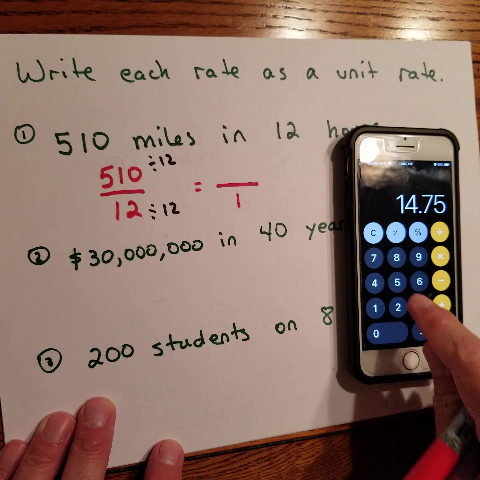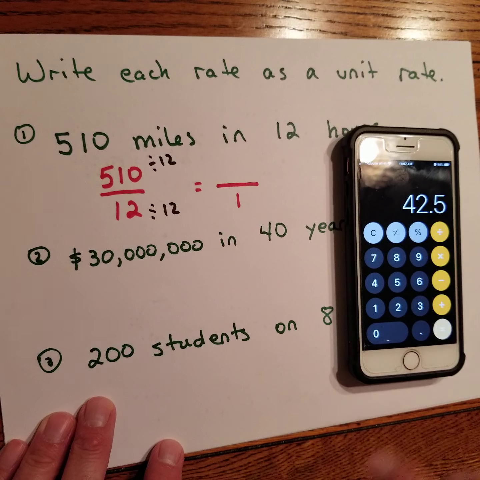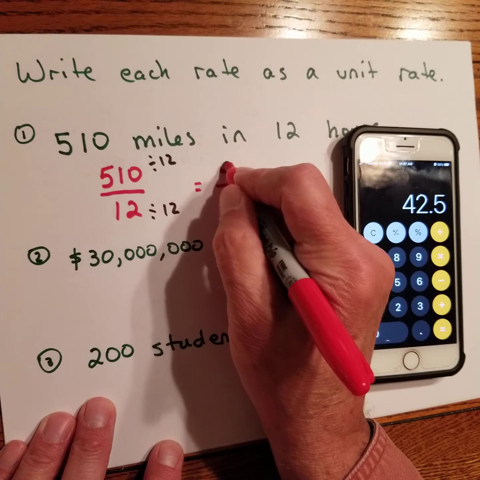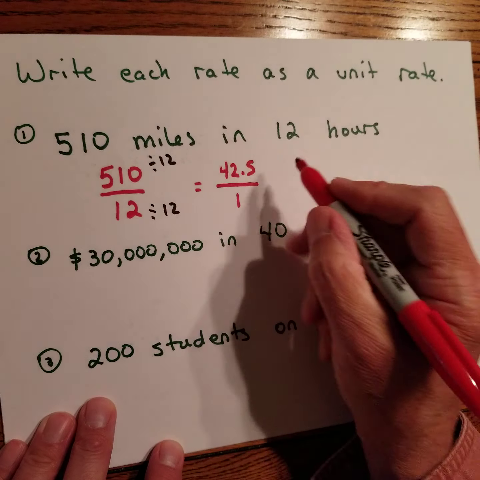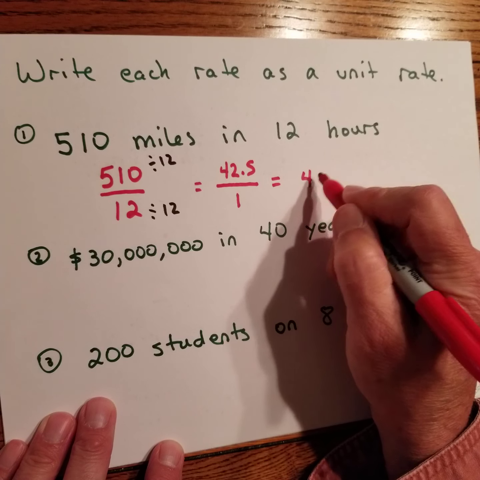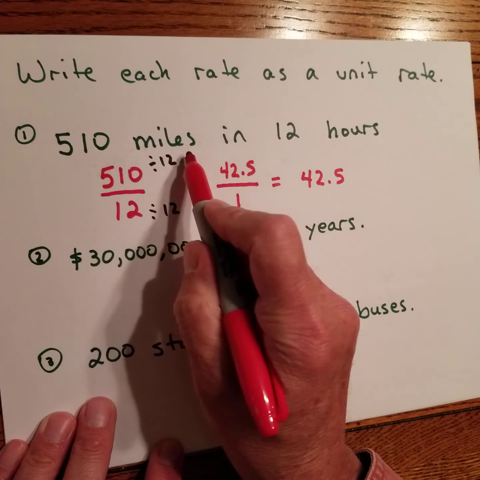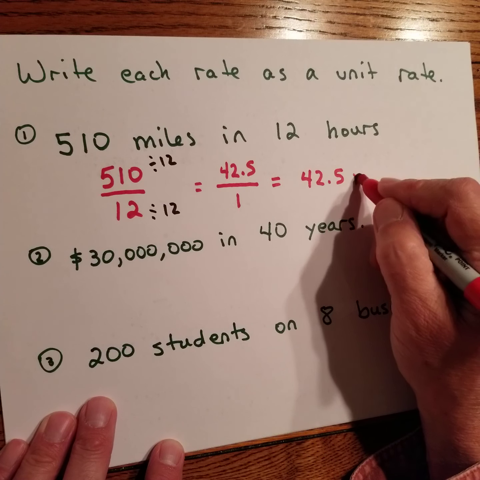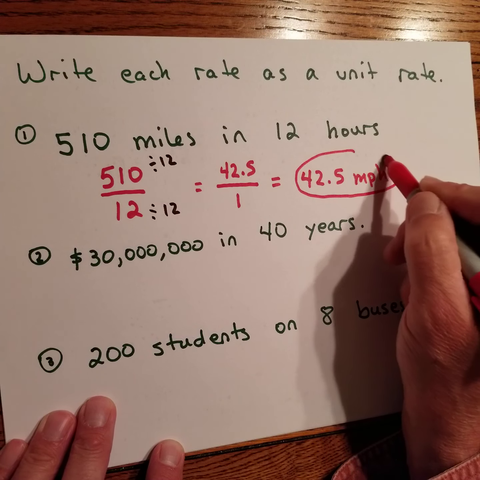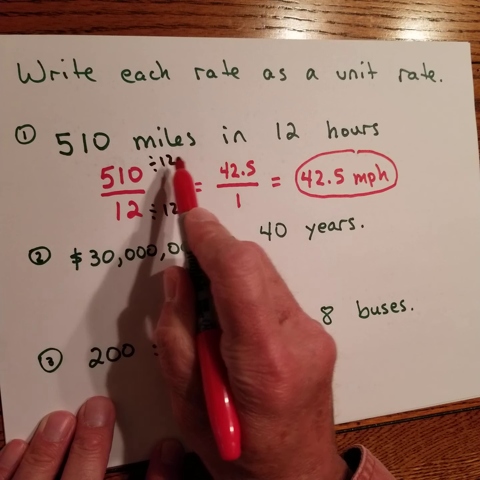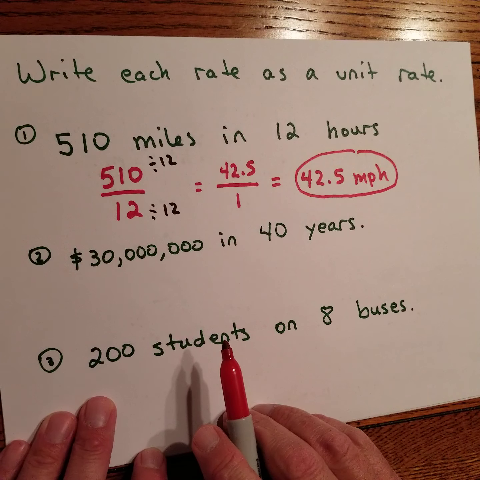In the numerator, 510 divided by 12 is 42.5. Now finally, let's label that answer as 42.5. That's miles per hour. If you travel 510 miles in 12 hours, you're averaging 42.5 miles per hour.